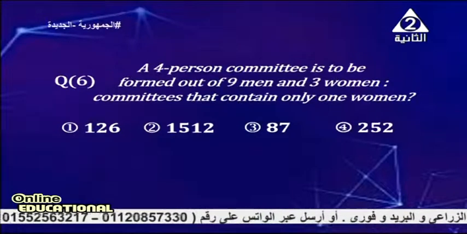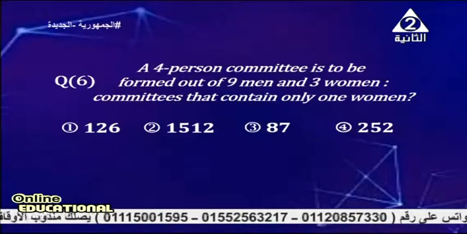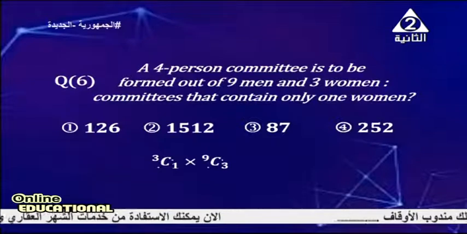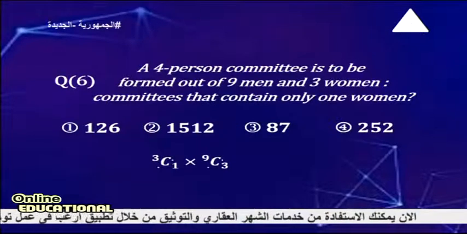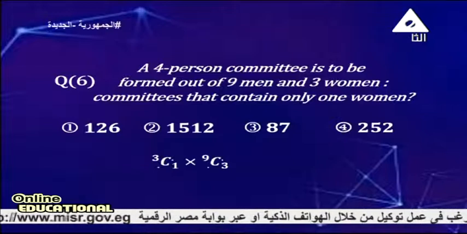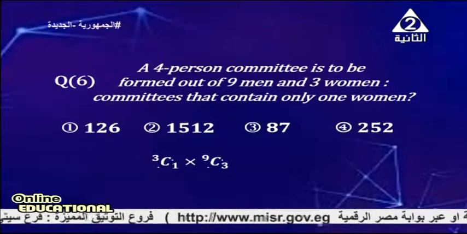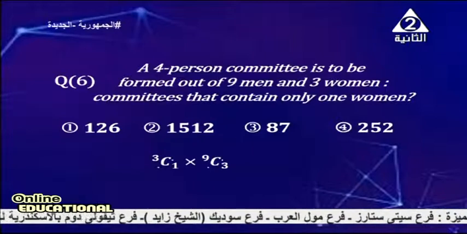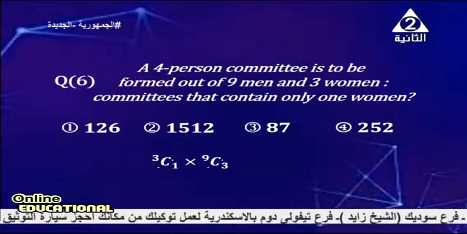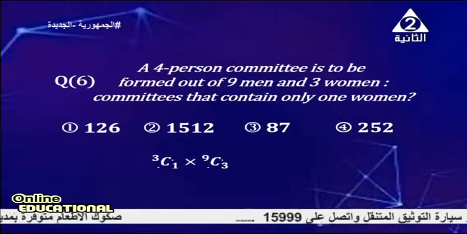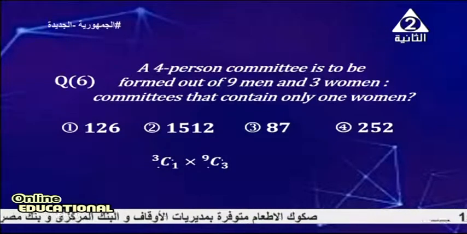Then the correct answer is 3C1 times 9C3. From women, only 1 woman. How many women? 3. Then 3C1. How many men? 9. The remainder is 3 from the 4 persons.